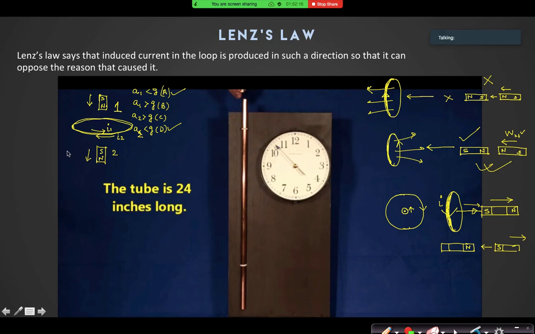Right? Okay. So there is one experiment that is shown here. You can see a very interesting experiment. This is a copper tube, and I am passing a bar magnet inside the copper tube. As expected, you can see what will happen here. Dropping a powerful magnet down a copper tube is a popular science experiment.